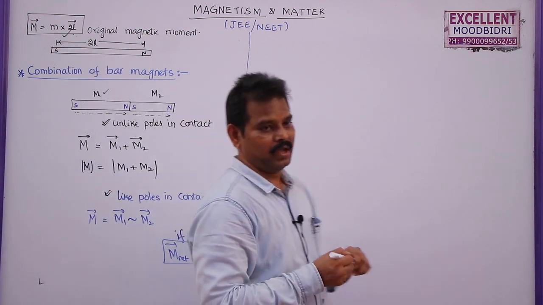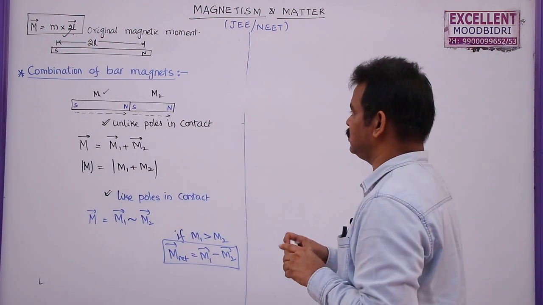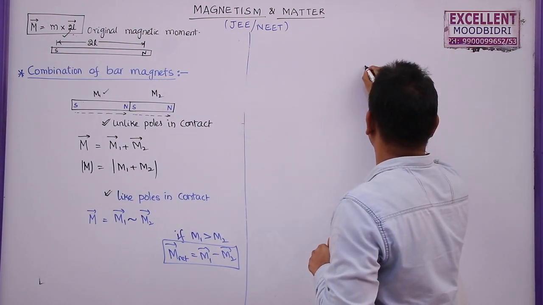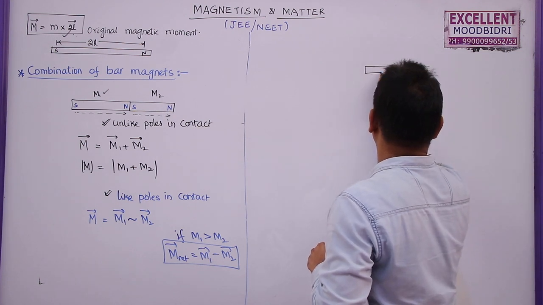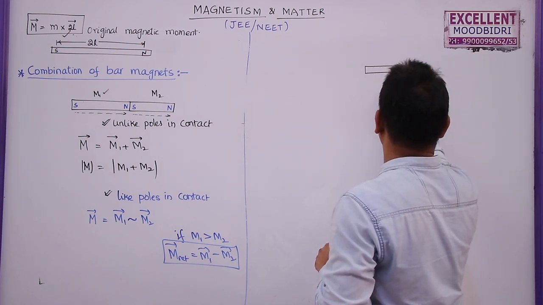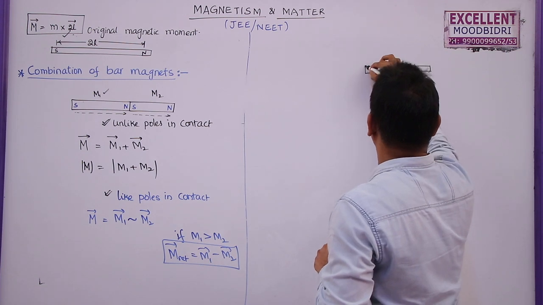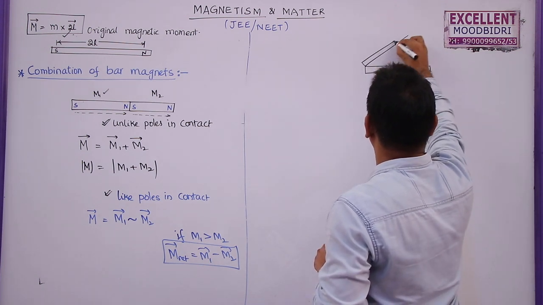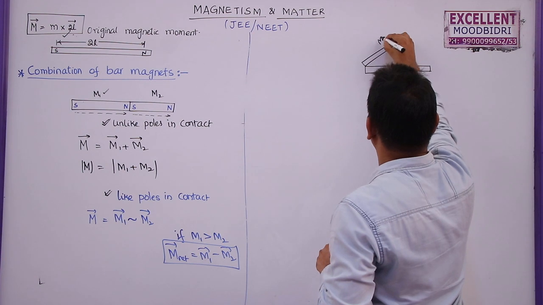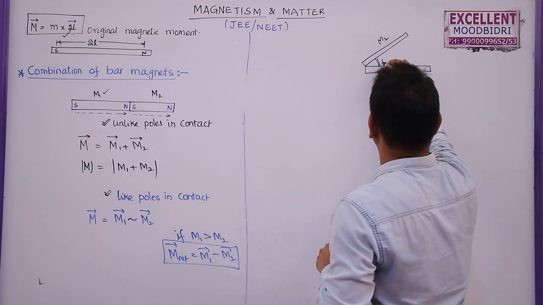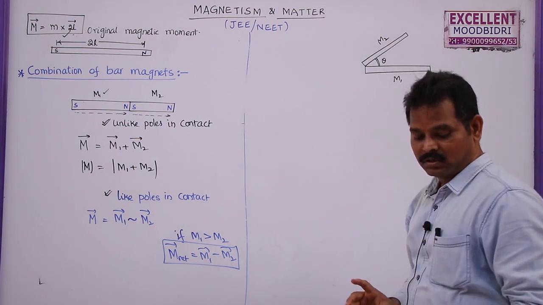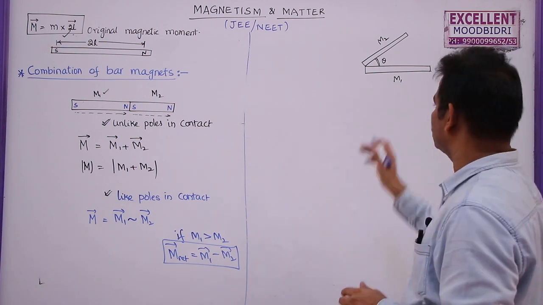Similarly, if you take two magnets arranged such that this is the first bar magnet having magnetic moment M1, and this is another bar magnet having magnetic moment M2, and the angle between these two is given as theta. What is the resultant magnetic moment of this combination?